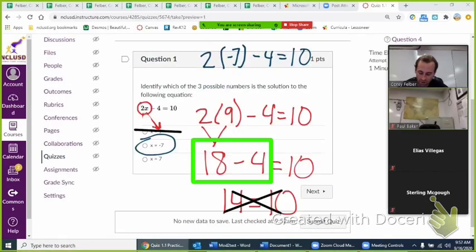Good. Sage? Negative 7 times 2 is negative 14. So that means the next line for this blue one would be negative 14 minus 4 equals 10. Now on this one we have negatives on the left and positives on the right, so that one's definitely not going to work. All right, I'd go back to this one and I would eliminate that possibility.